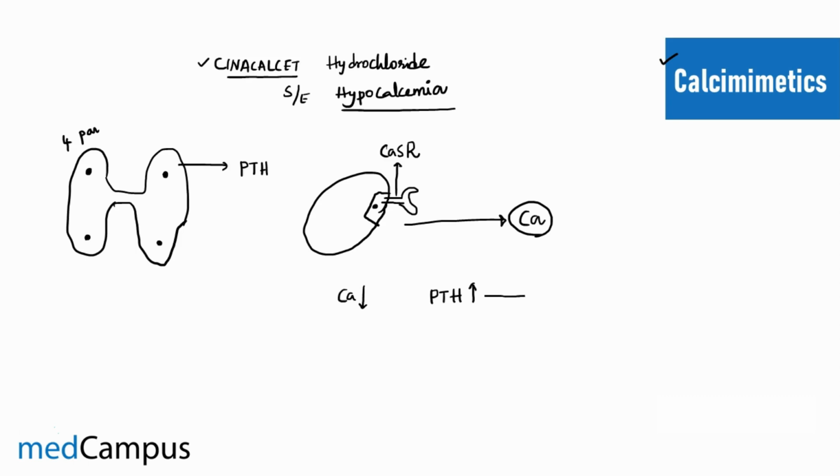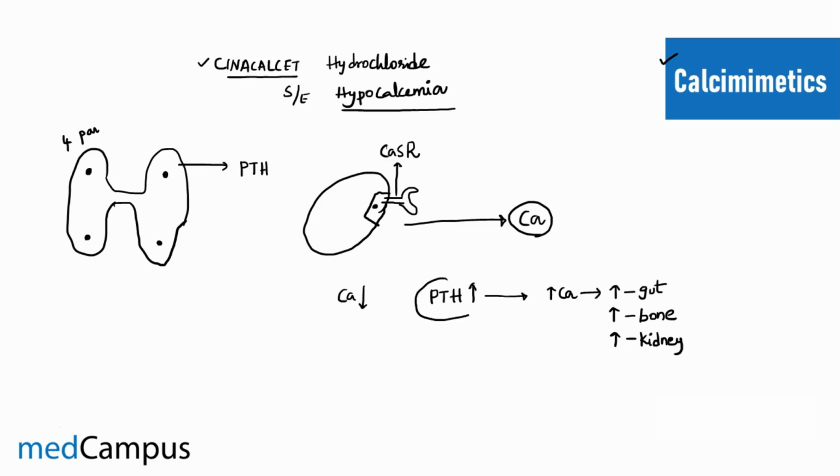This hormone helps in increasing levels of calcium in the body by increasing absorption of calcium from the gut, increasing resorption of calcium from the bone, and also acting on the kidney so that there is less loss of calcium. These are the main functions of the parathyroid hormone.